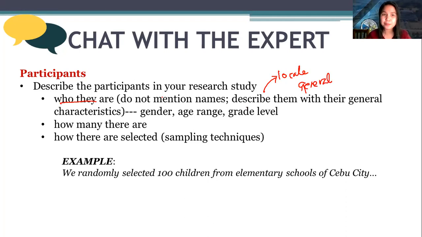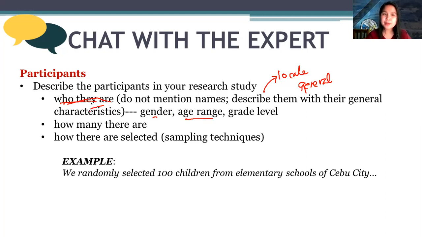For example, we say, the research participants are grade 12 students, and their age ranges from 16 to 19 years old. Most of them are males, while minority are females.